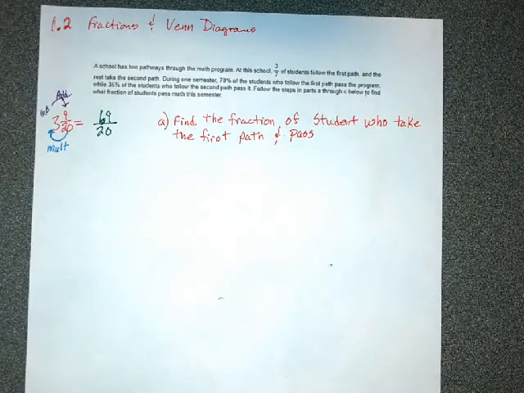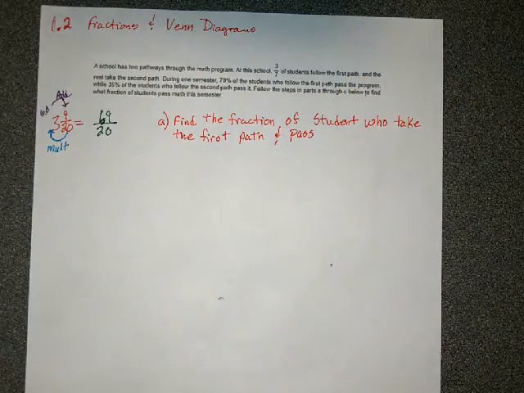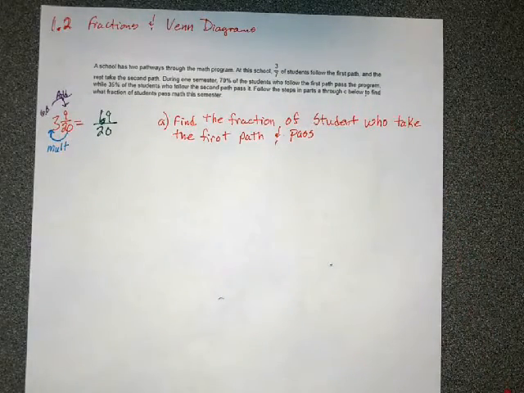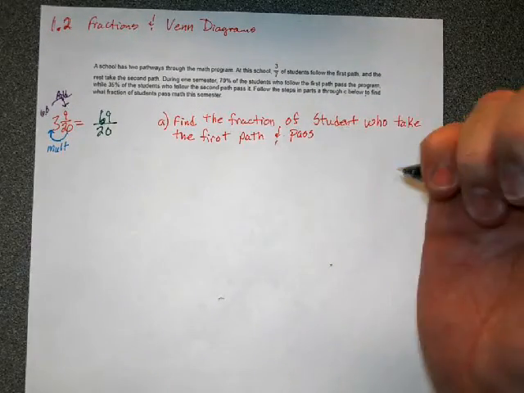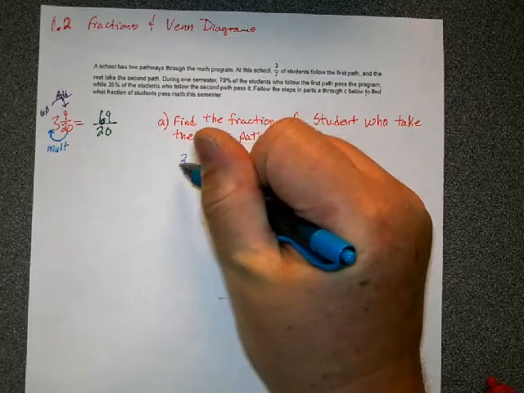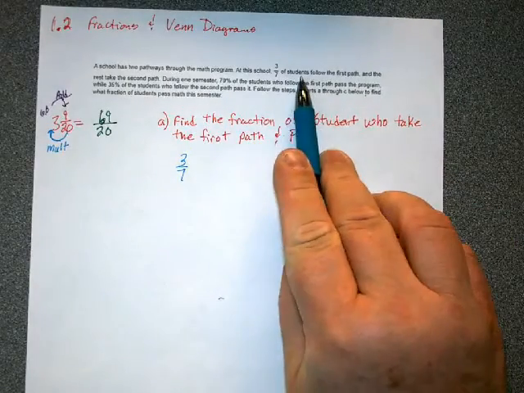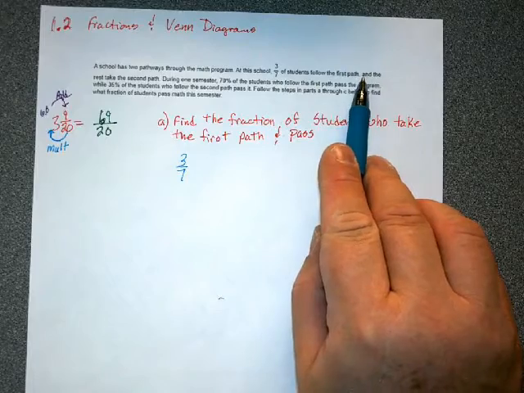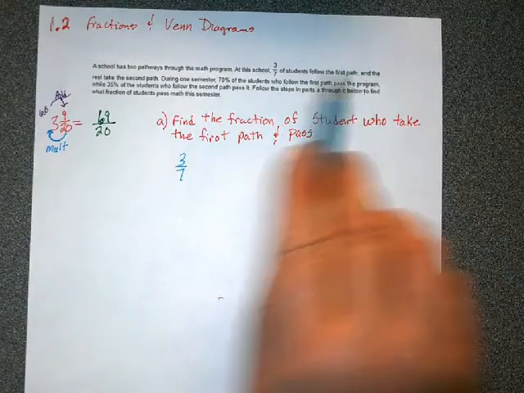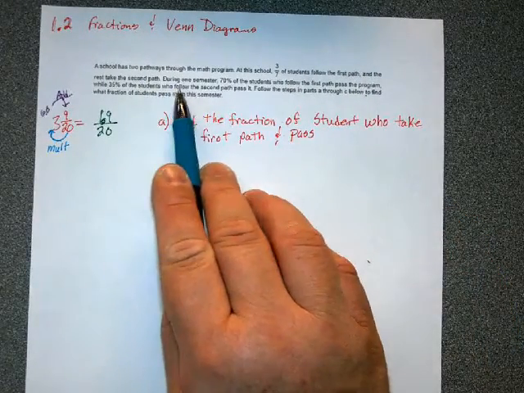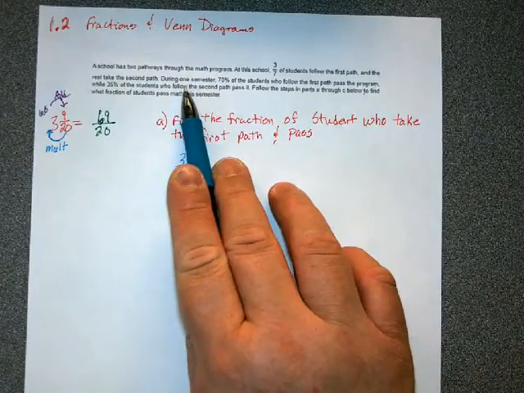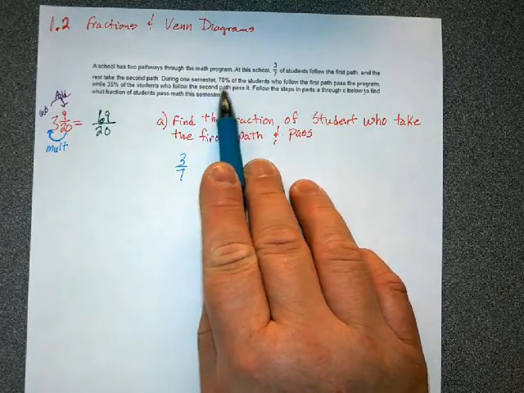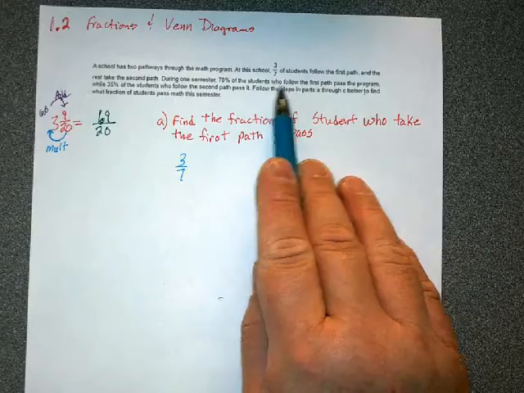Okay, you ready? So 3/7 of the total students. So we're going to need that. So 3/7 of the students follow the first path. And we don't need to worry about the second path because we're doing the first path. During one semester, 70% of the students pass.